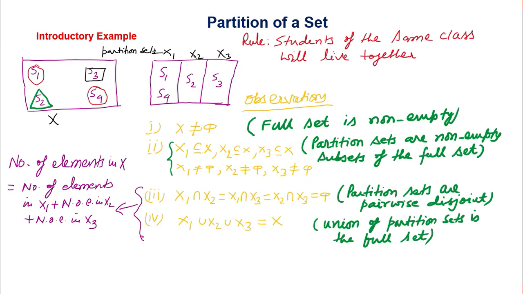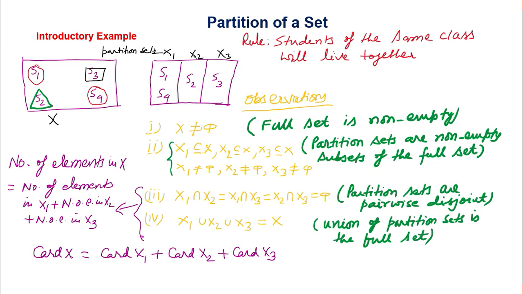And as we know that in set theory, the number of elements in a set is called the cardinal number of that set, and therefore we can very easily write that cardinal number of X is equal to cardinal number of X1 plus cardinal number of X2 plus cardinal number of X3.